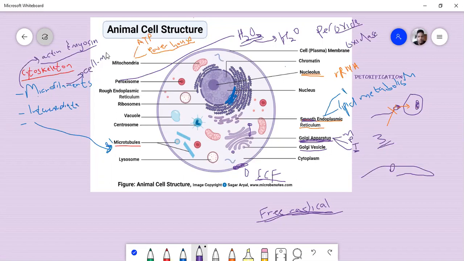Or do we have the word motility? Guys, go with mobility. Mortality is death. I'll check. Man, it's cell motility. I think cell motility and mobility is one and the same thing.